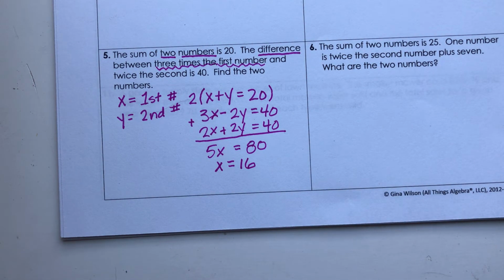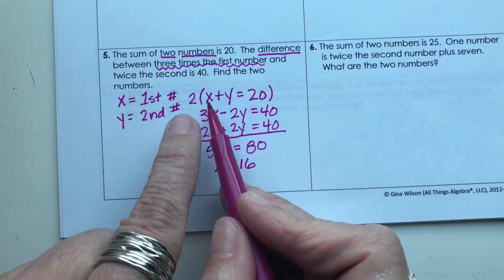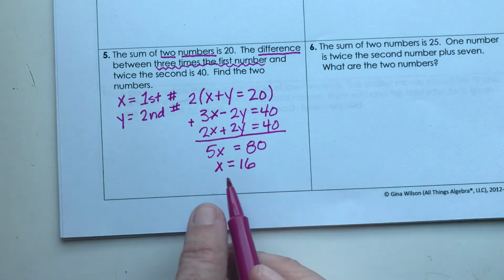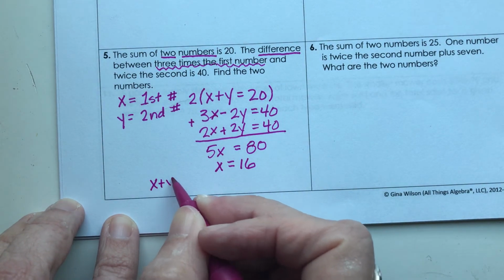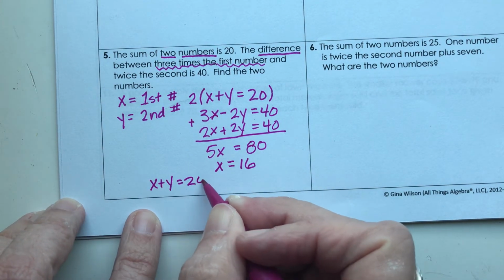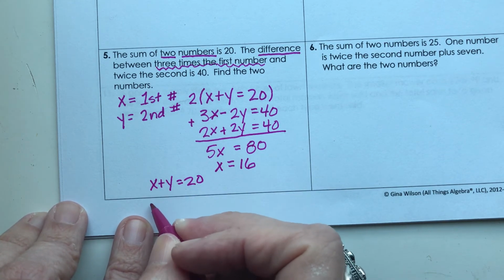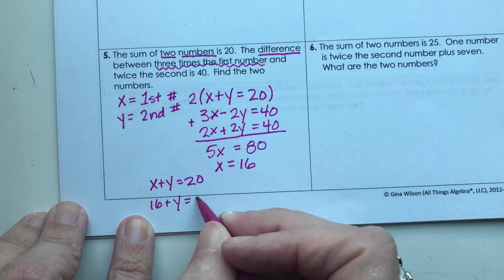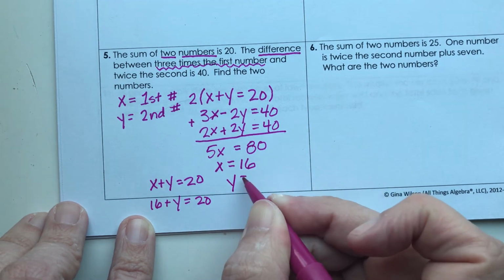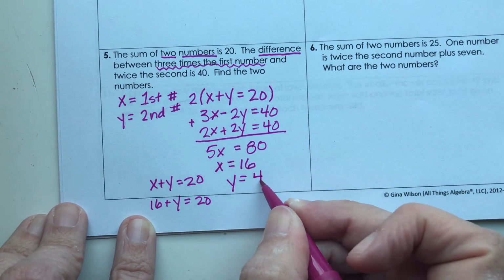What do we know about our two numbers? When we add them together, they equal 20. If x is 16 and x plus y is equal to 20, so 16 plus y is equal to 20, then y needs to be equal to 4.